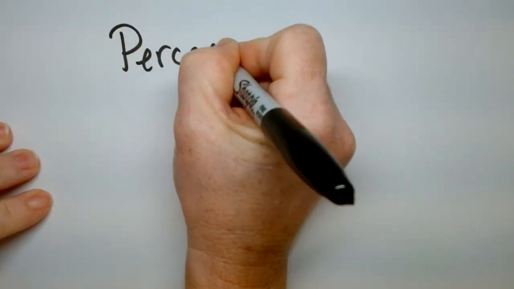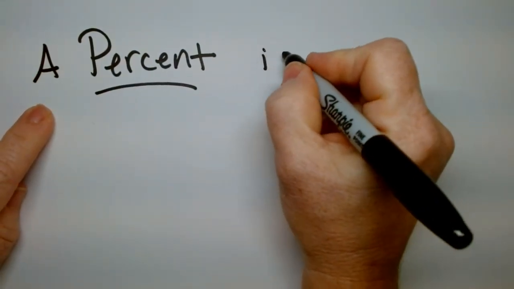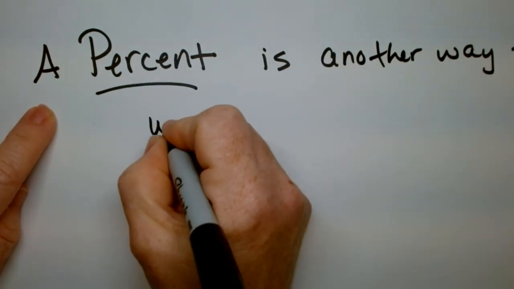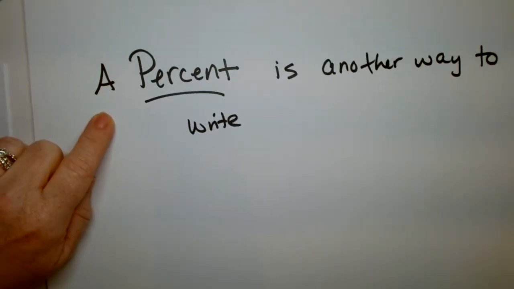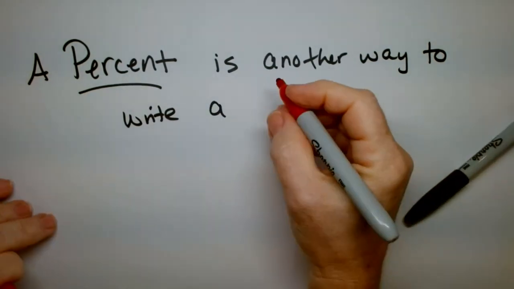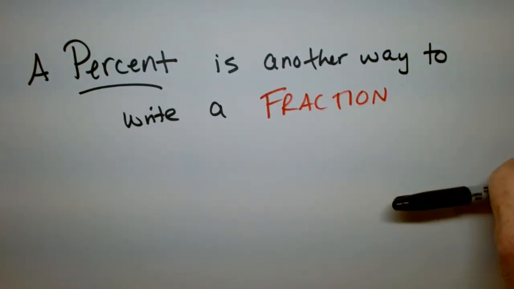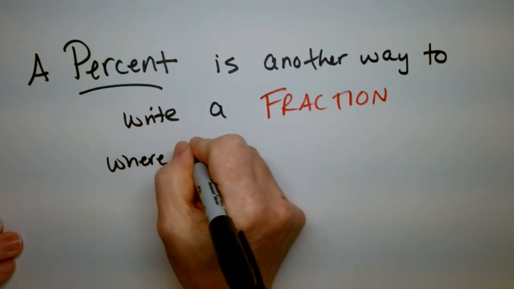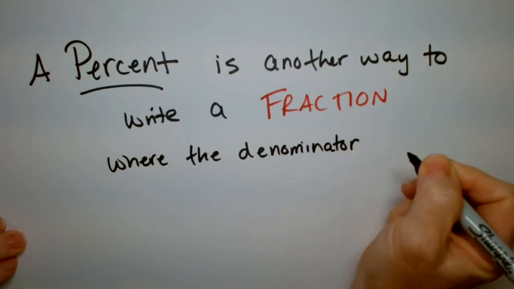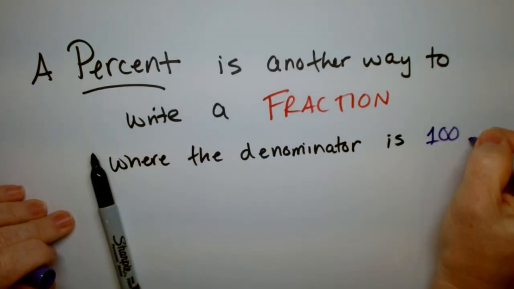Let's take a look at my definition. A percent is another way to write, and here's the word that everyone loves, fraction, where the denominator, so the bottom number, is, and this is the important part, 100.